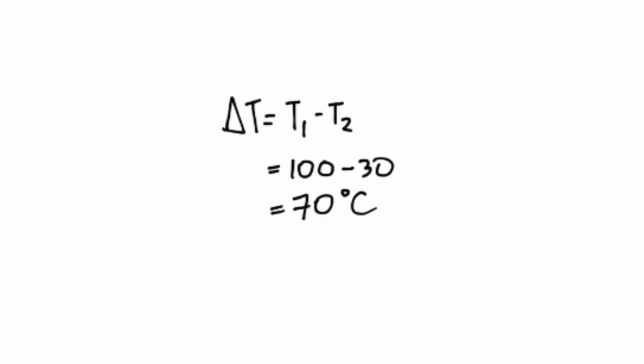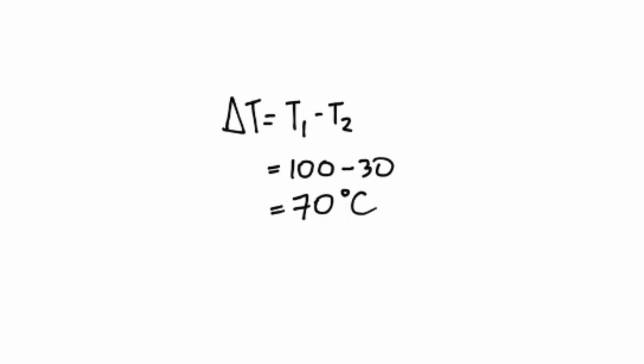So 100 degrees Celsius minus 30 degrees Celsius is equal to 70 degrees Celsius. So this will be the value that we will be using for temperature difference. Since the heat flows from the hot end to the cool end, the negative sign can be omitted.